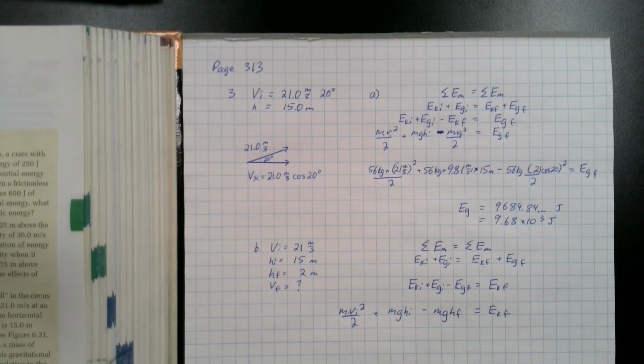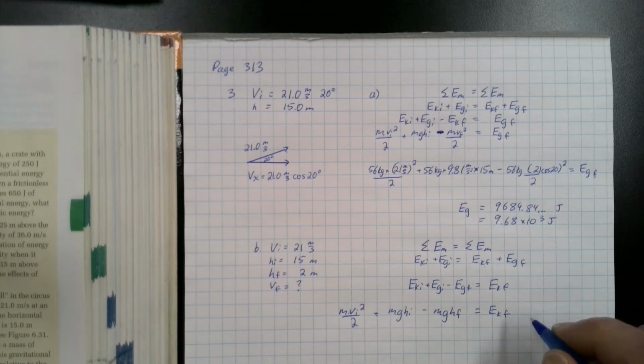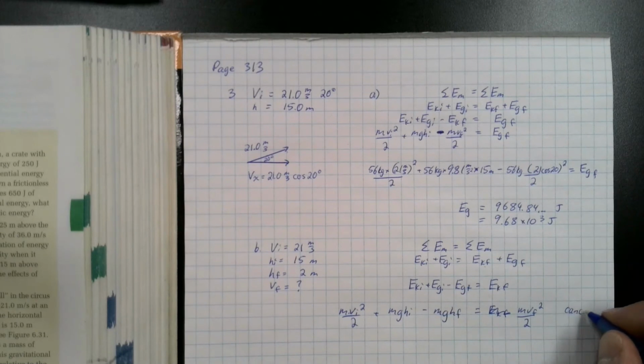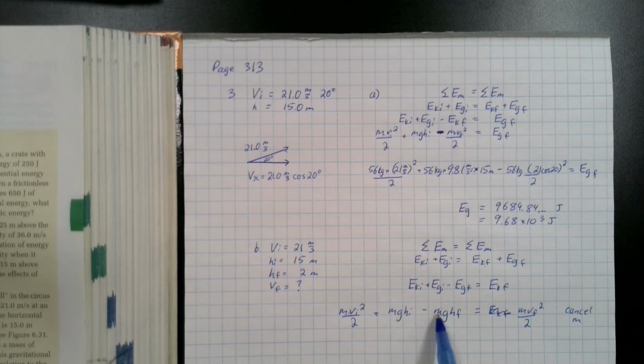And now it's going to be mv final squared divided by 2. Now we have mass in all four terms, so again we can cancel mass because we are looking for the velocity. So the second thing we can do is factor out g from this section.